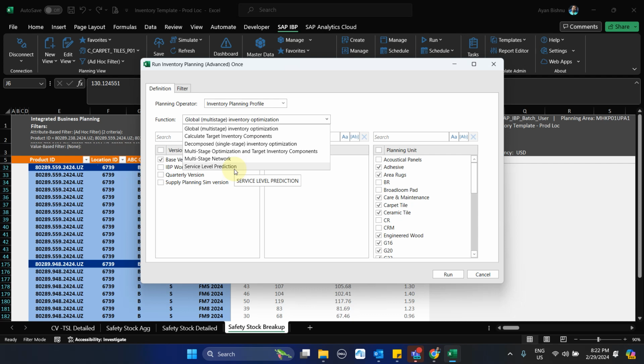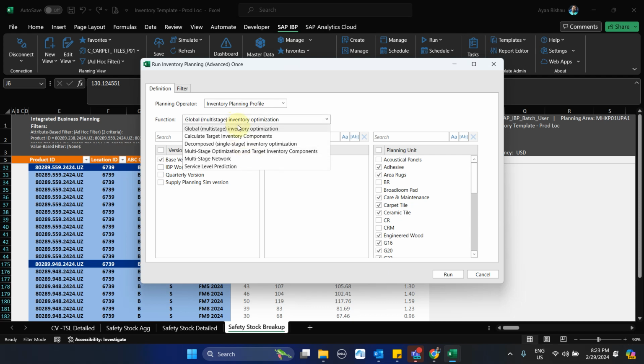Service level protection is a new algorithm that has been introduced in the recent IO release or the SAP IBP release, which basically tells us if we make any adjustment in the adjusted safety stock and run the service level prediction, it is going to give us what is the percentage of the system to fulfill the TSL based on the adjusted safety stock that we have maintained.